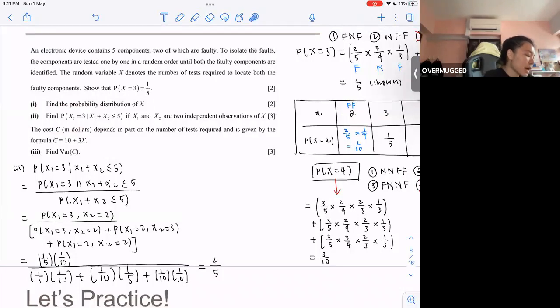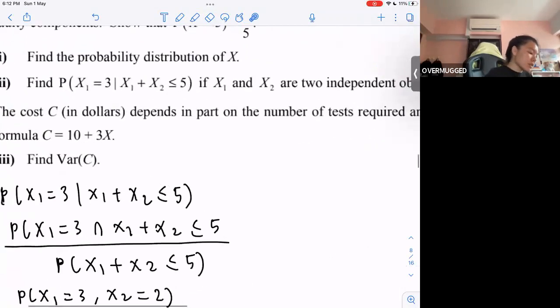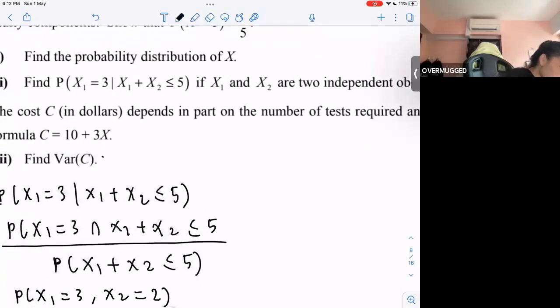Then let's look at the last part. The cost depends in part on the number of tests required and is given by the formula 10 plus 3x. Find the variance of C. So the variance of C is linked to the variance of X, right? Because the variance of C would be based on this over here. 10 is a constant, so I don't add it in.